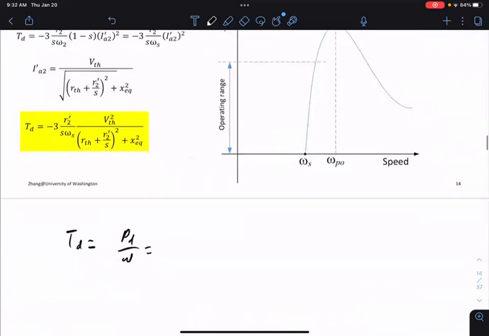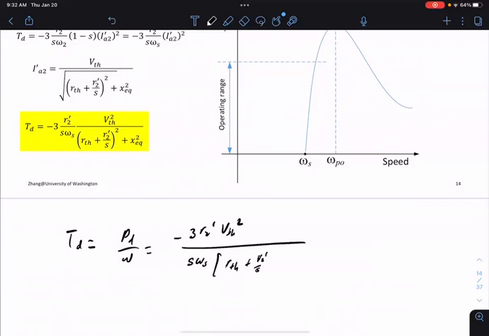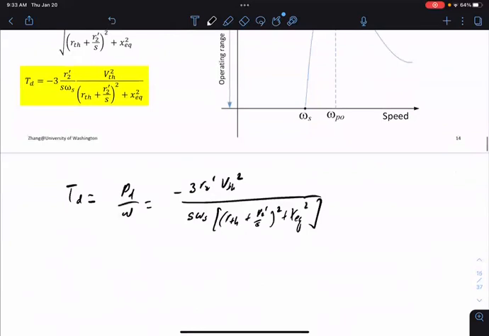This is minus 3 R2 prime VTH squared over S omega S RTH. To find the maximum, let's take a derivative with respect to slip and set it to 0. That's how we will maximize this.